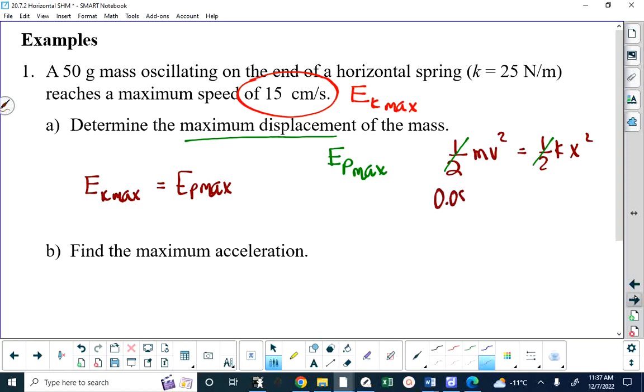The mass is 0.05 kilograms. V is 0.15. We have to remember to square it. K is 25 newtons per meter. And we're going to solve for x, which will be the maximum displacement.